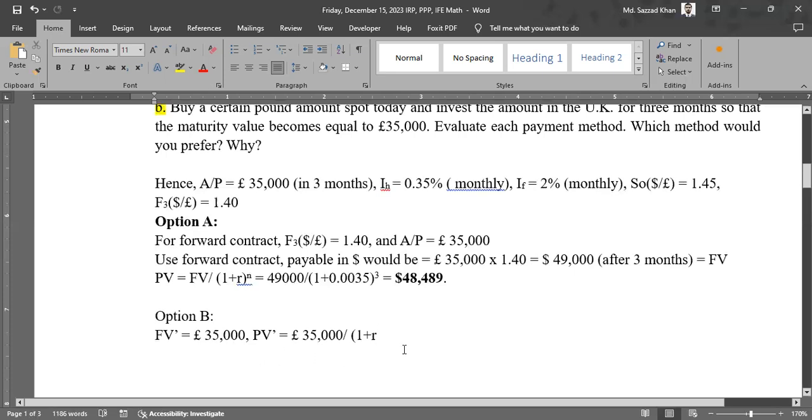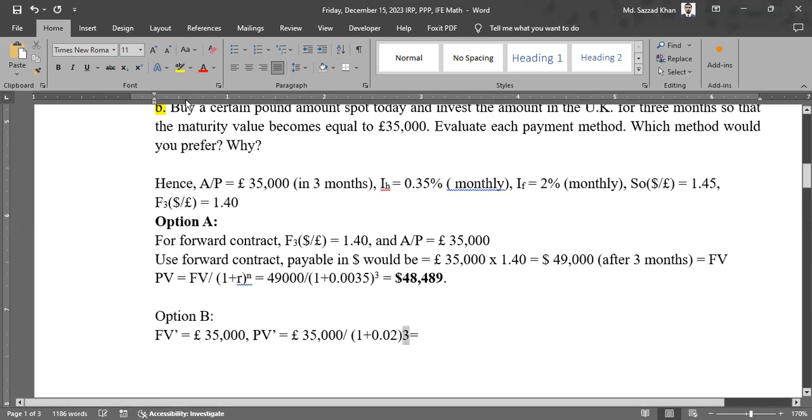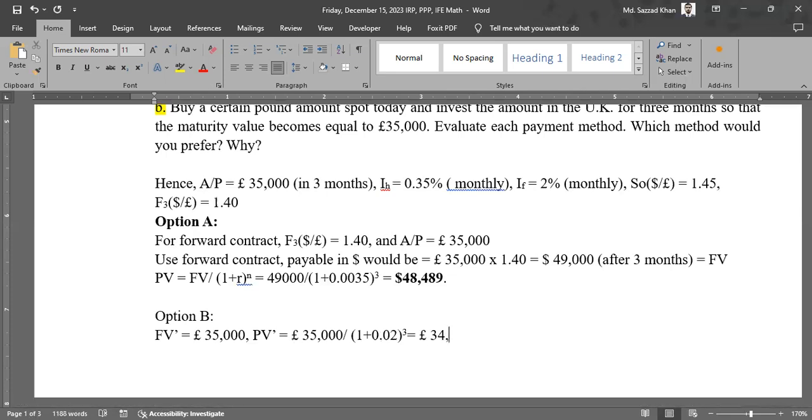That would be 0.02 to the power 3. So how much will we get in pound? That would be 34,314 pound. So if we want to pay the money right now, we need to pay 34,314 pound.